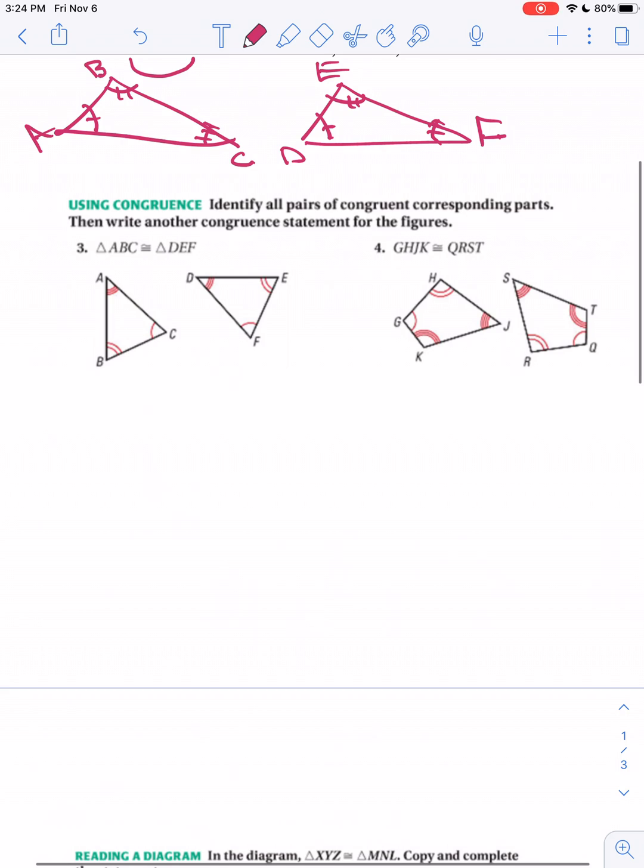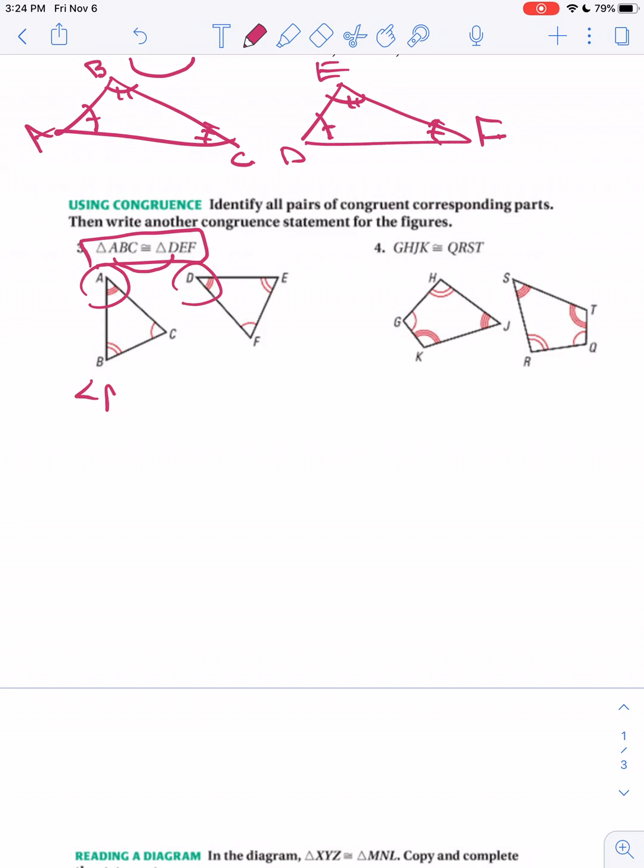Okay, let's try the first example. It says identify all pairs of congruent corresponding parts. And then once we're done with that, we're going to write another congruent statement. So we're given that triangle ABC is congruent to triangle DEF. That's our congruent statement. So by that, they're telling us angle A and angle D are congruent. We can see that right here.